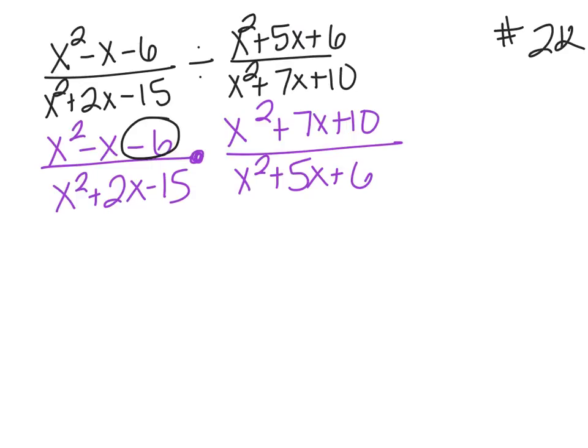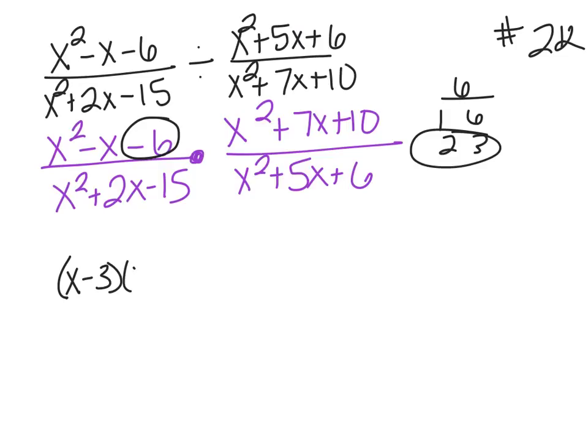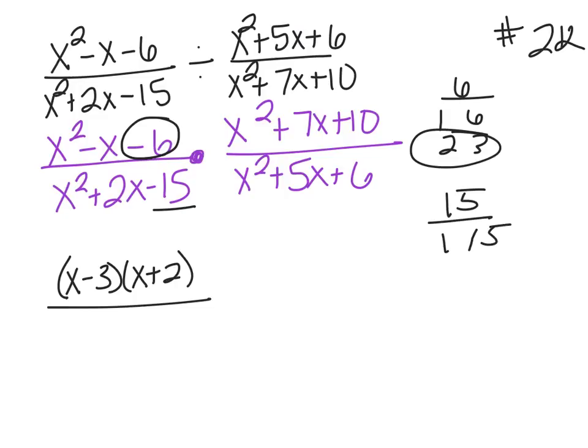Multiples of 6. 1 and 6, 2 and 3, that subtract to give me a negative 1. So my factors will be x minus 3, x plus 2 on the top. Multiples of 15. 1 and 15, 3 and 5, that subtract to give me 2.